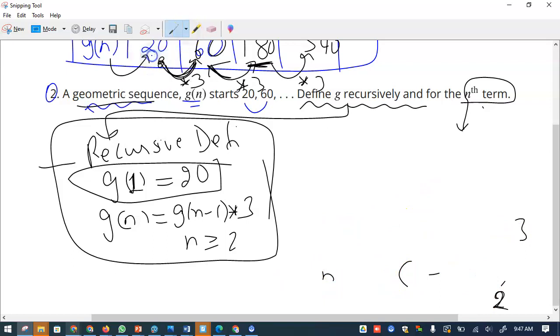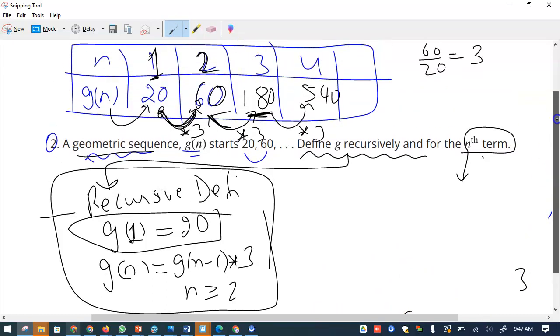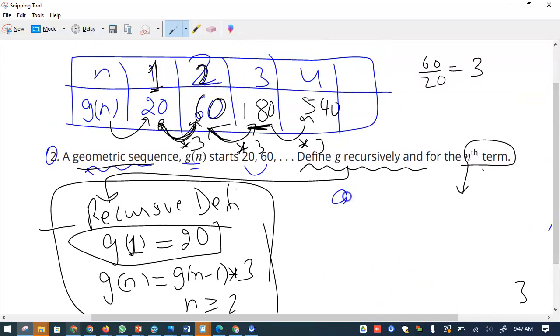So if I want to know, let's see, g of 2. What is g of 2? In the beginning it was 20, and you multiply by 3. So that means 20 is the first one, okay? And this is 1 here, so you are multiplying by 3 once, so it is 2 minus 1.